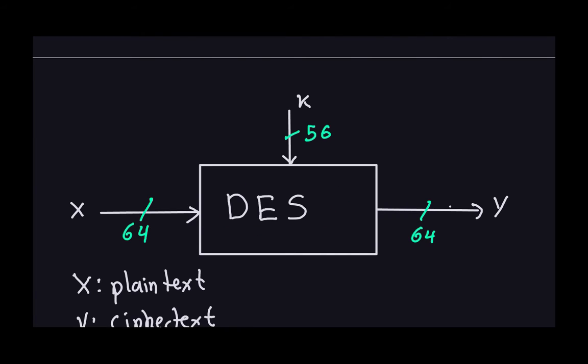Now we're gonna think about the DES as a black box, which is taking, of course, 64 bit blocks of plain text and transforming them into 64 bits of ciphertext, which is the Y here, and the key is 56. But remember that the real key for DES is actually 64 bits.